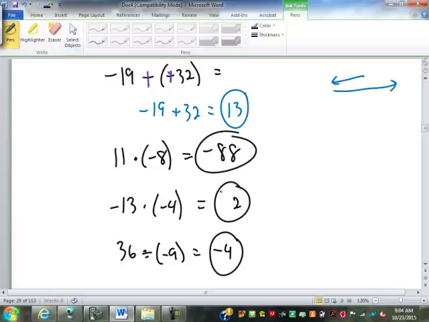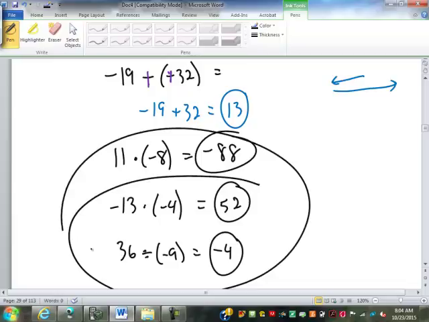You're right. I don't know where the 72 came from. No extra charge for extra time. Yes, negative 13 times negative 4 is a positive, but it should be 52, not 72. 36 divided by negative 9 is a negative 4. And 36 divided by 9 is 4. Positive divided by negative is a negative. When we're multiplying or dividing, remember, if there's one of each, it's going to be negative. If they're both positive or both negative, it's going to be positive.